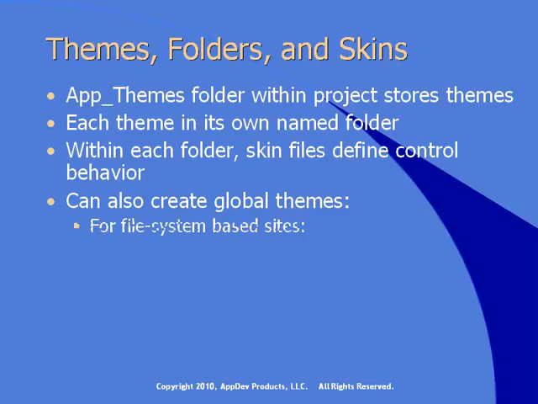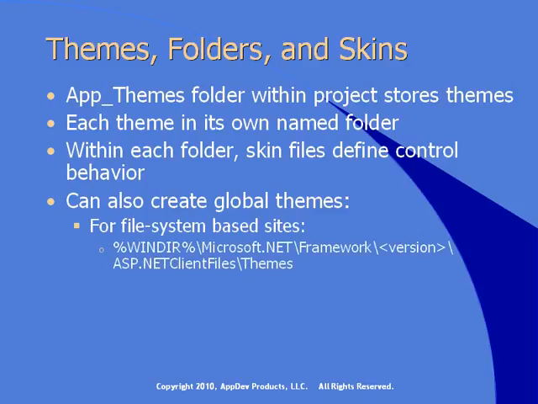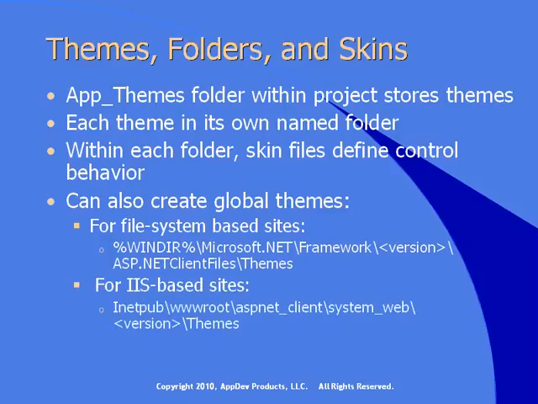For file system-based sites, you put them in this folder. I won't read it out. You can check it yourself on the screen. And for IIS-based sites, you put the global themes in this folder, and then they apply to multiple sites. Remember, if you place them in the app_themes folder within a project, those themes apply only to that project.